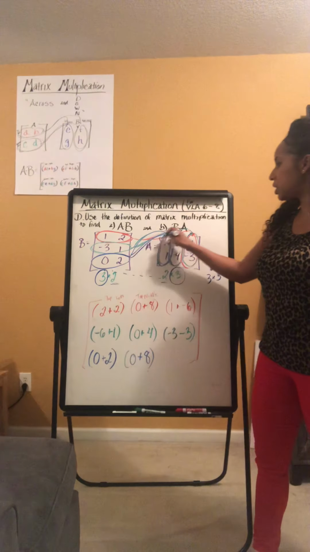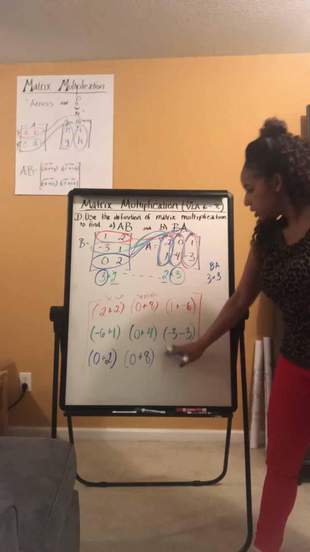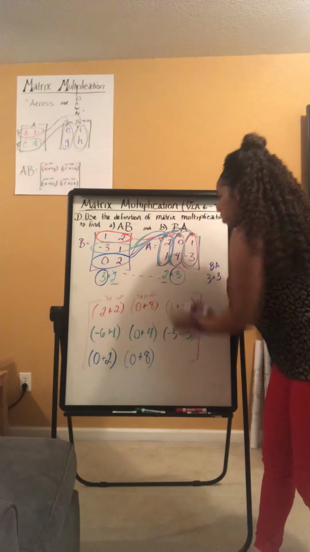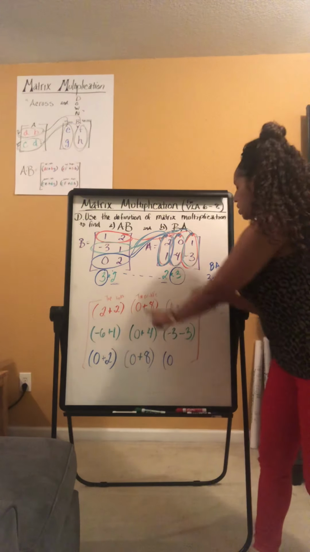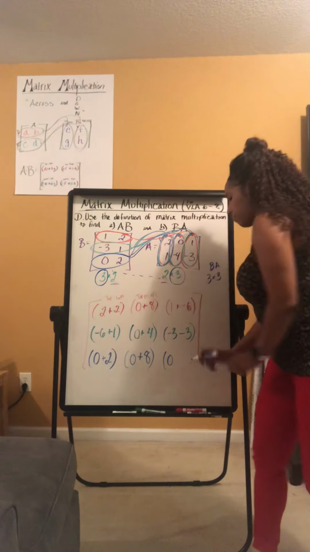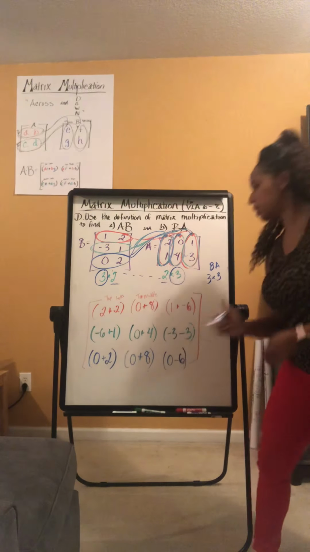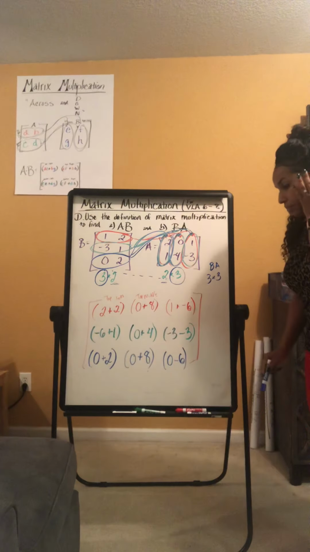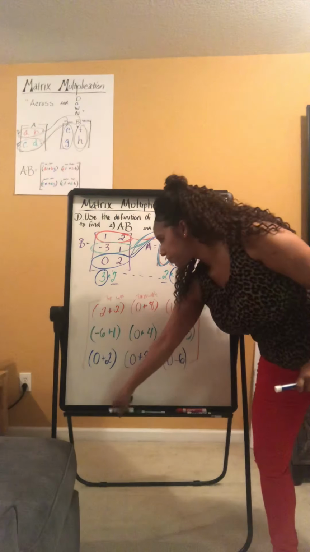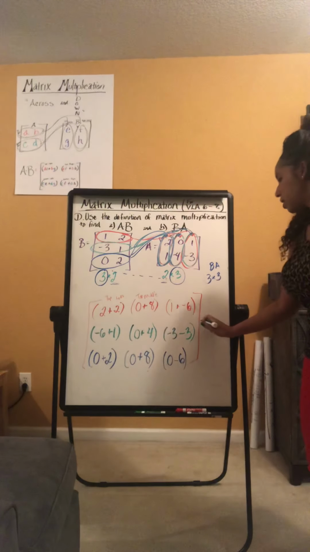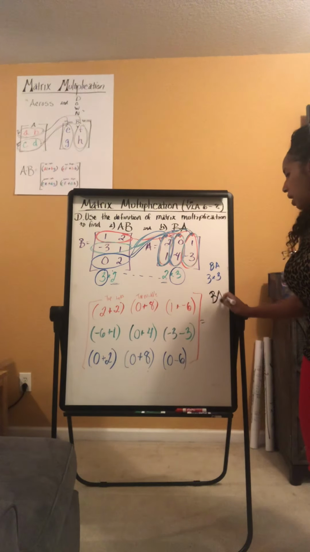And then the bottom to the last, and I will go here. The 0 multiplies with the 1 and is 0. The 2 multiplies with the negative 3 and is negative 6. We just need to simplify this, and this will be B times A.